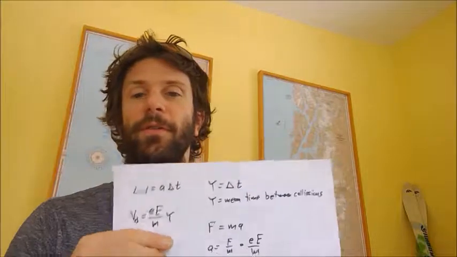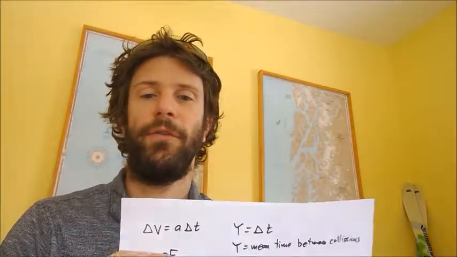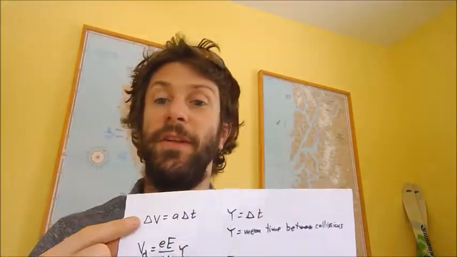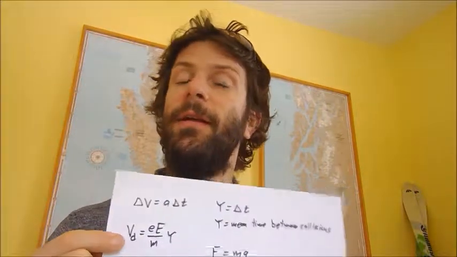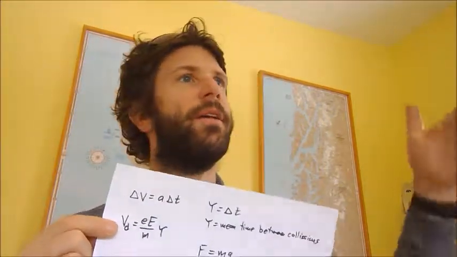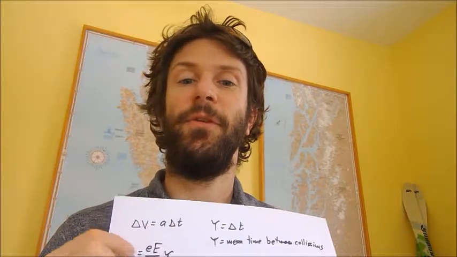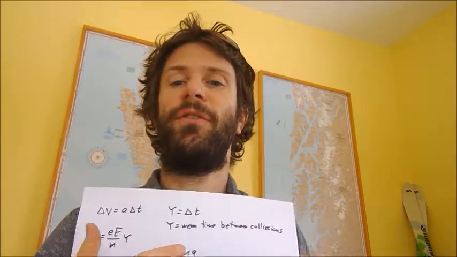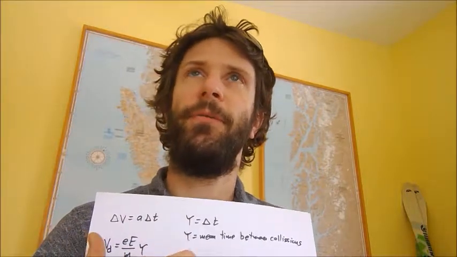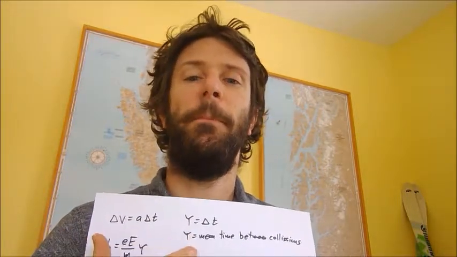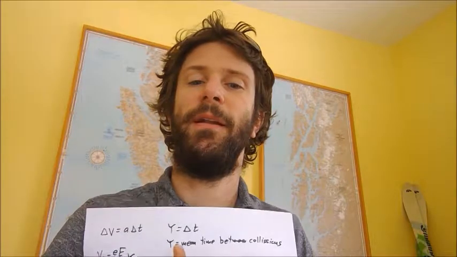Now, something I want to come up with, then we'll use this in a second, is a formula for that drift velocity. Now, a few definitions. Delta V, that's the change in velocity. That makes sense. That's the drift velocity. How much can they change on average? Acceleration times delta T. Well, sometimes the book or various places use tau as the mean time between collisions.